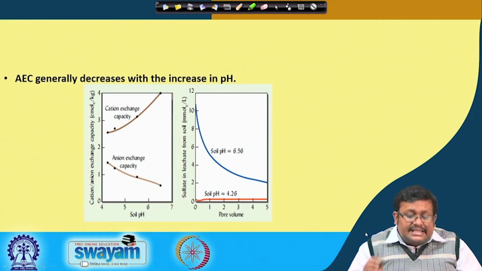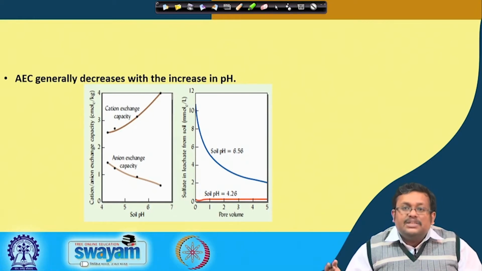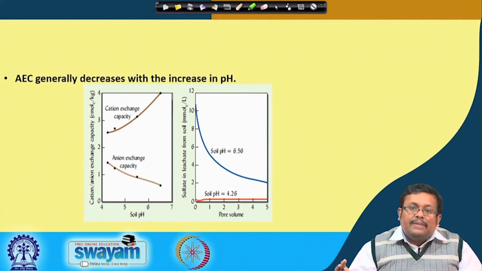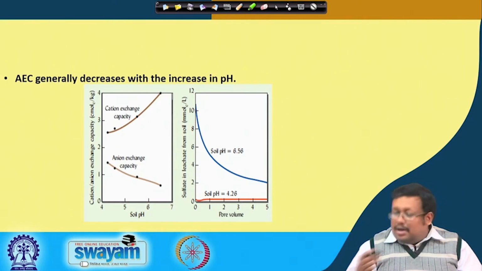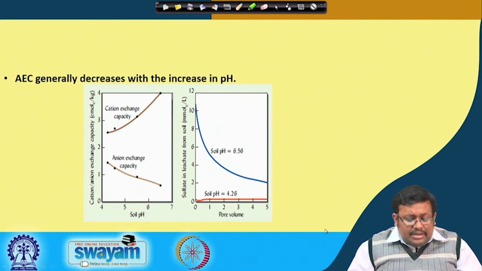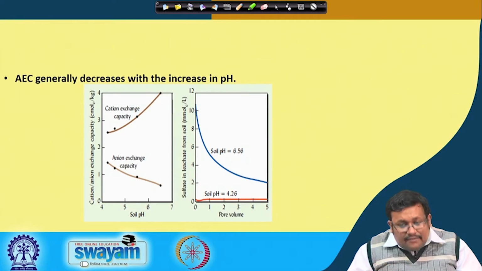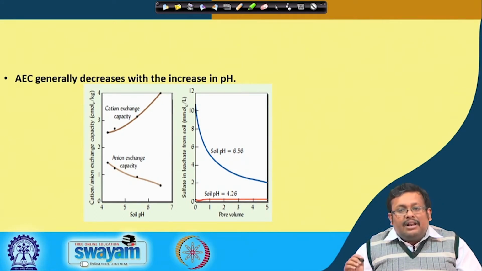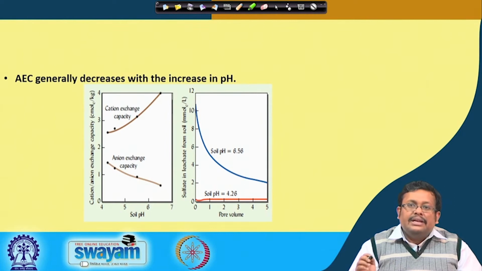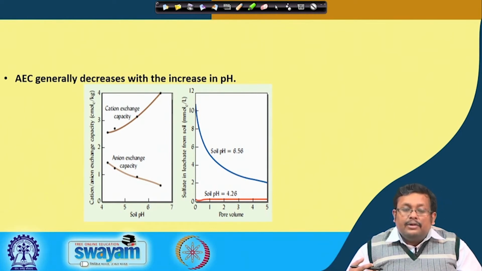AEC generally decreases with increased pH. With increasing soil pH, there will be development of negative charge due to the pH-dependent charge. Obviously, when negative charge develops, the anion exchange capacity will decrease and the cation exchange capacity will increase, because the soil will repel more anions and attract more cations.